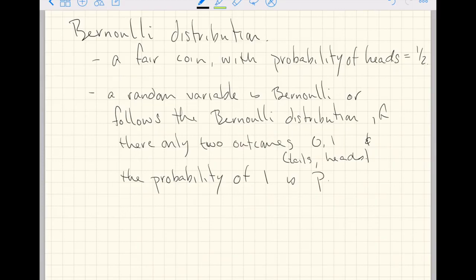But generally, we have a probability P, whatever number between 0 and 1, associated with the outcome 1, and hence the probability of 0 is 1 minus P, since we need our probabilities to sum up to 1, just like 1/2 for a fair coin of observing heads plus 1/2 of observing tails is 1. In the same way, P plus 1 minus P will just give us an outcome of 1.